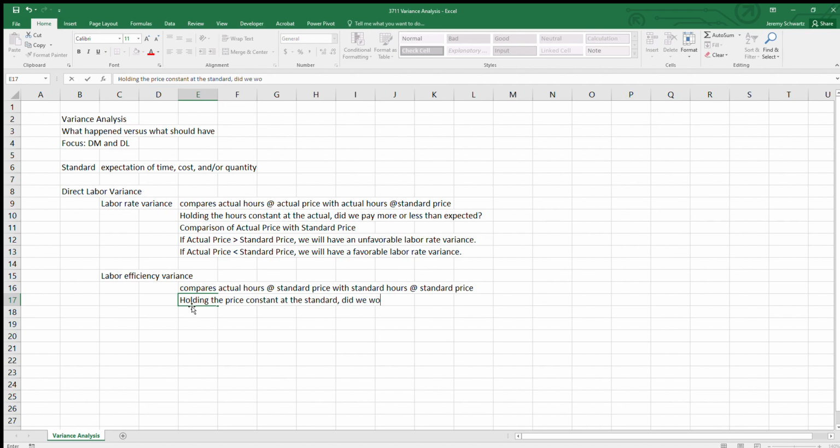Did we work more or fewer hours than expected? That's the question. So following along, this is a comparison of actual hours with standard hours.